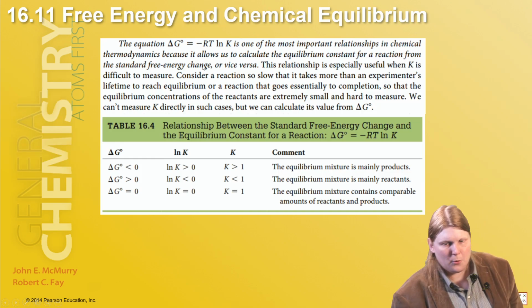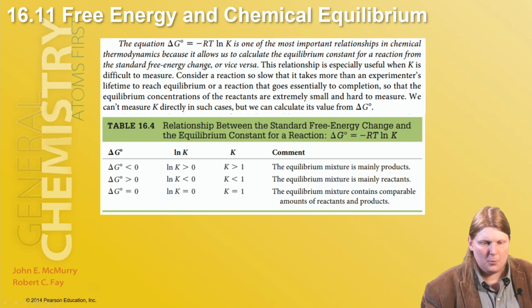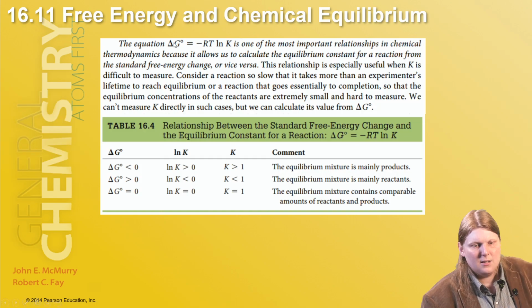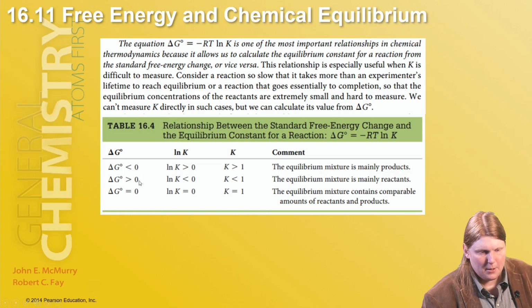This is probably the most important relationship in this chapter, after that Gibbs equation, because it allows us to relate something that we can measure to something that might be really difficult to measure under certain conditions. Oftentimes we can't measure K very easily, but we can get delta G naught from a reference, which can be obtained from delta H and delta S, which we've seen how to calculate other ways, and how we might measure empirically.